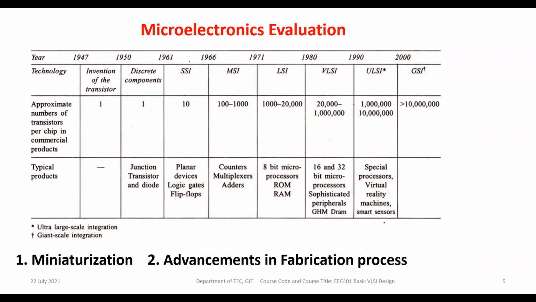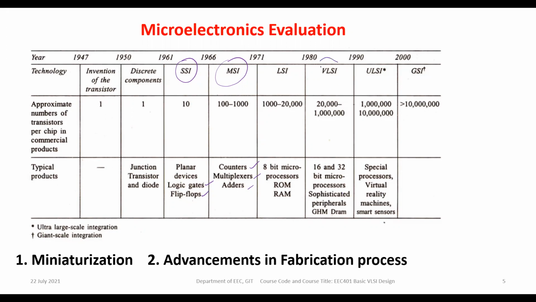For example, with small scale integrated circuits we can realize logic gates and flip-flops. With medium scale integration, it is possible to realize counters, multiplexers, adders, something like this. Similarly, depending upon the type of integration, we can design different applications.